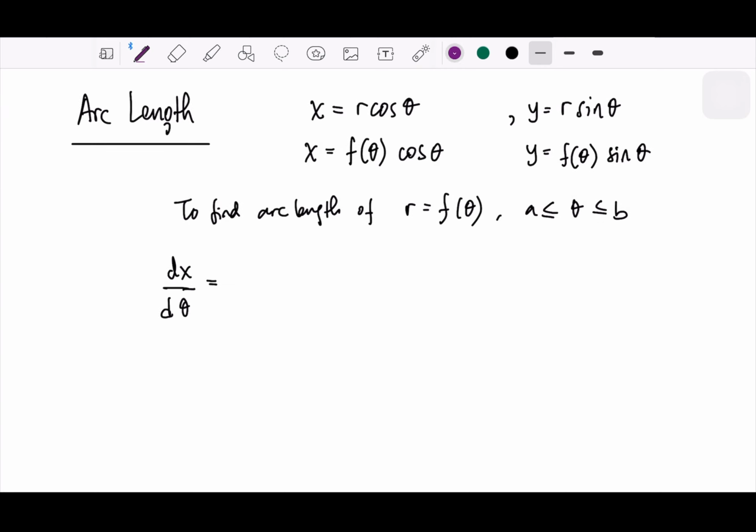And because we have functions of theta, both of these, then we can use the product rule. And take this as, I just write as r, okay? So dr d theta cos theta, and the other way around is sine, r sine theta.